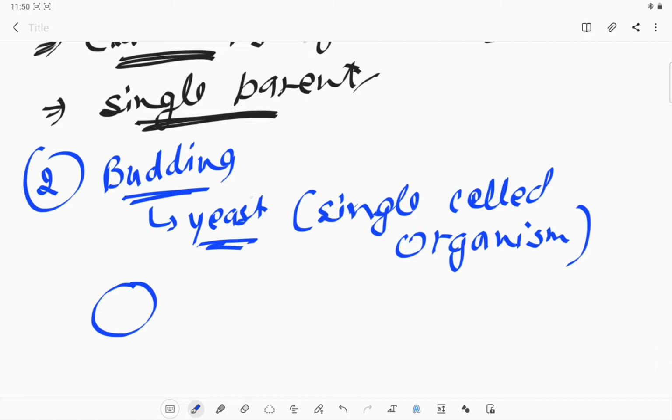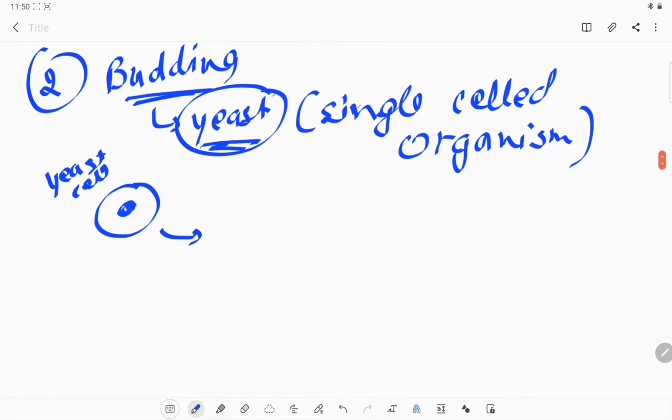What happens is that yeast will grow very fast if you provide sufficient nutrients. Every hour they will divide and multiply their population. Normally this is a yeast cell. How does it reproduce?